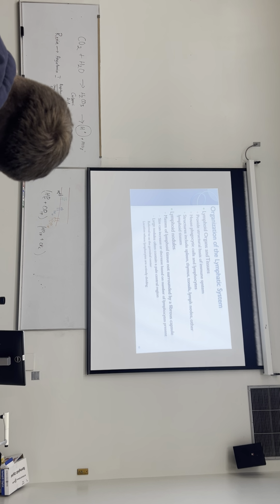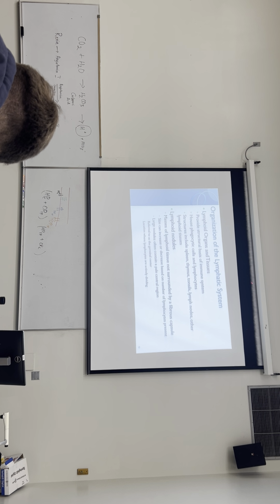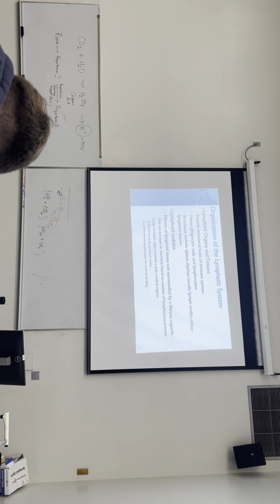So in terms of the lymphatic system, we have lymphatic organs and lymphatic tissue. Here it's talking separately, but it's considered an organ because it has a capsule surrounding it. Lymph nodes are also considered part of it. We have more concentrations here.